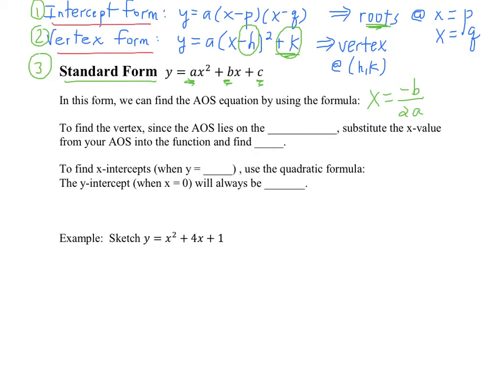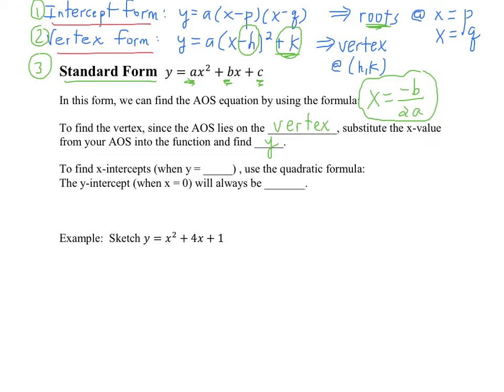So to find the vertex, recall that since the axis of symmetry lies on the vertex, we're just going to substitute the x value that we got from this formula into the function to find y. Okay, we've already looked at doing that with the other forms.